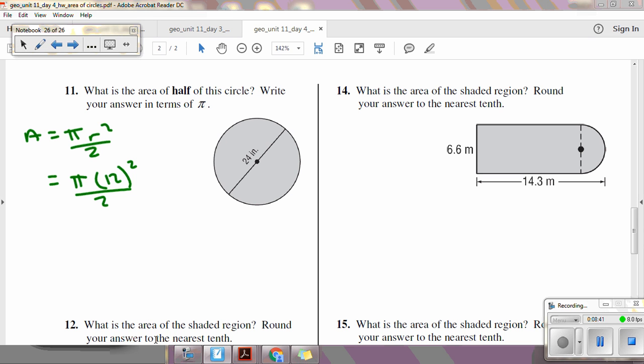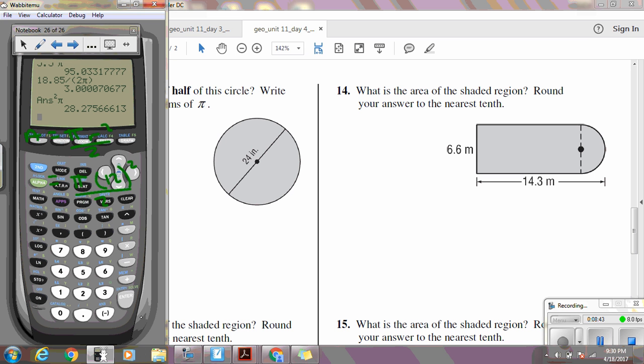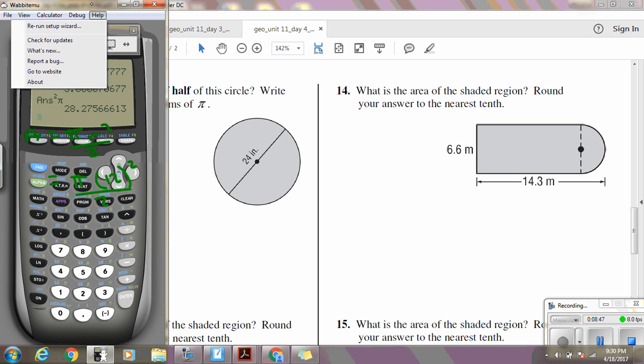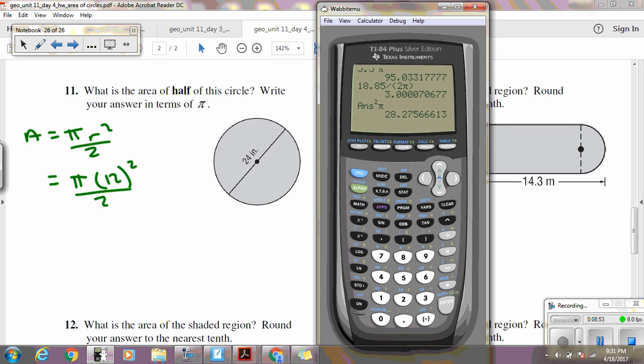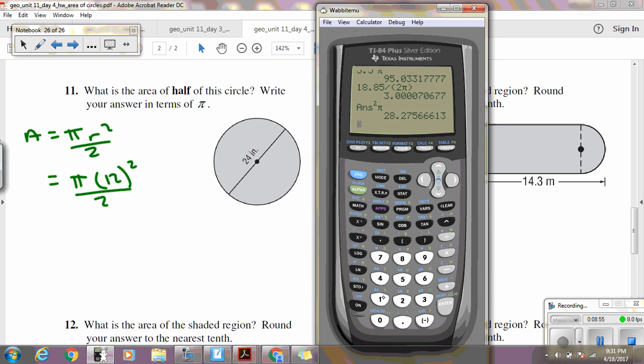So the only thing I'm going to put in my calculator is 12 squared divided by 2.